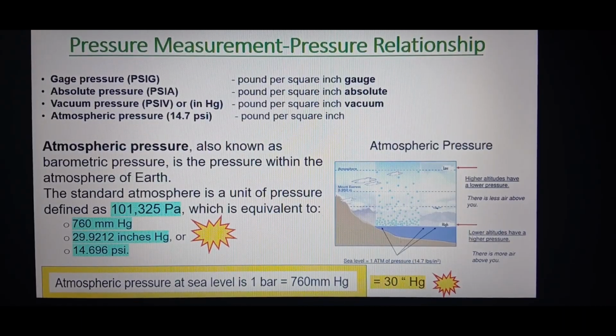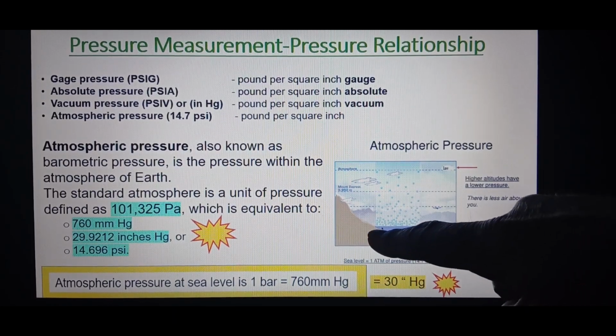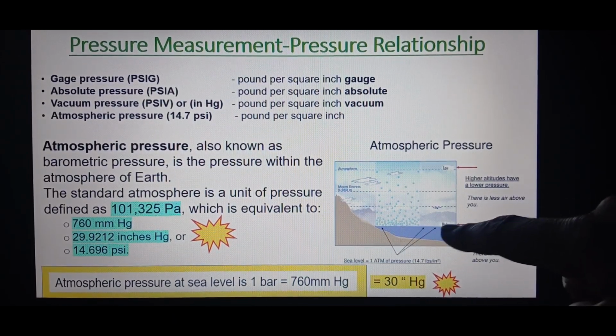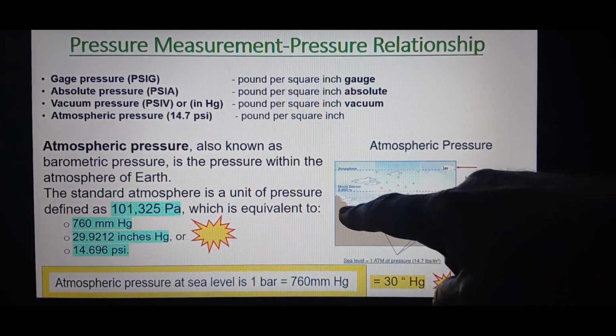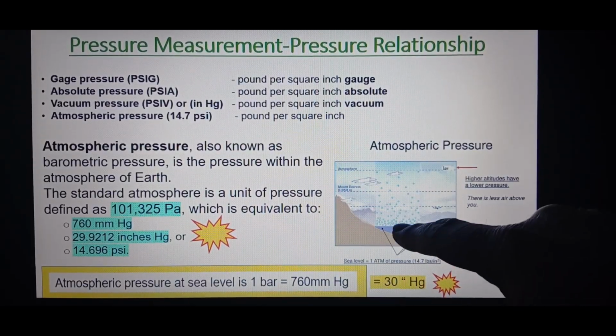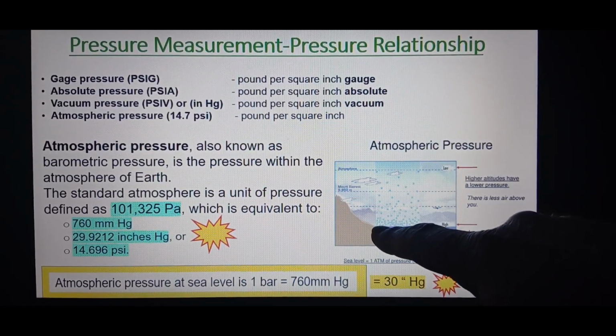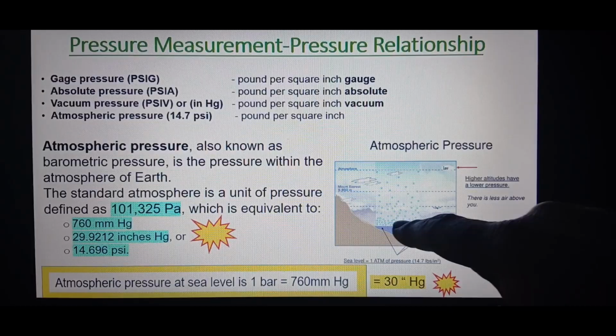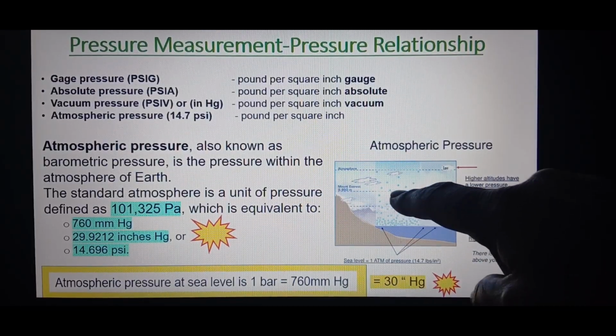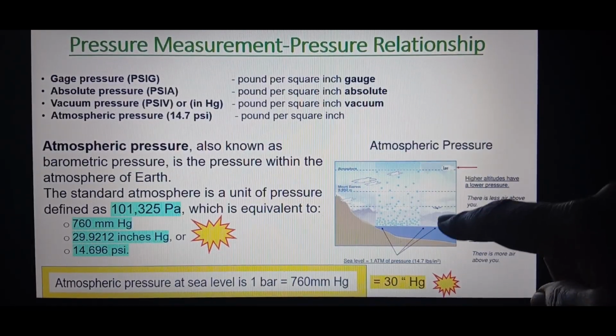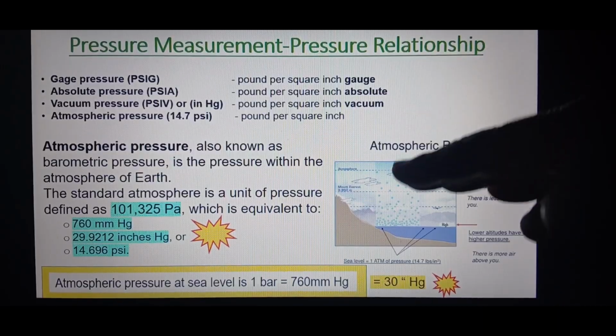Now, as I said, we will come back to those other diagrams that we looked at before. If you stand in here at sea level, here's the sea, and here's the earth going out up into a mountain. If you can see how tightly packed the air molecules are here, and they become much looser as you go higher. This is because the air is being compressed.